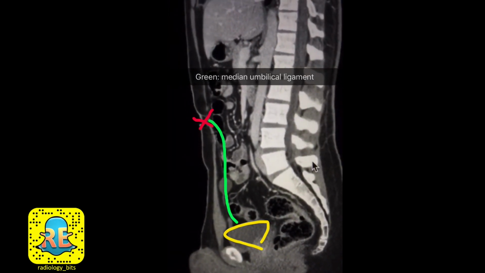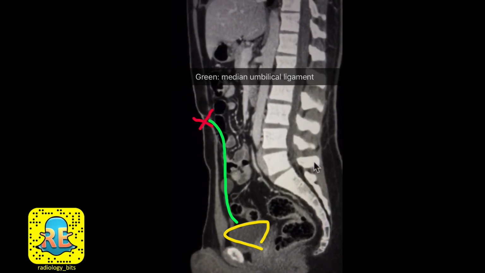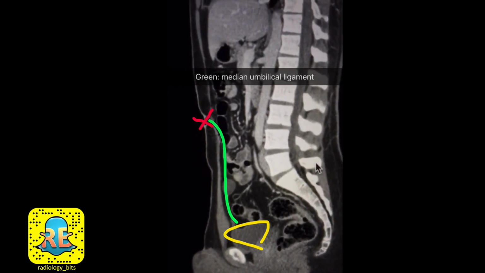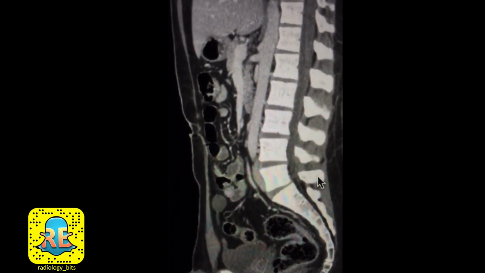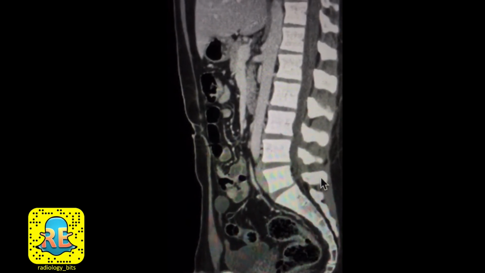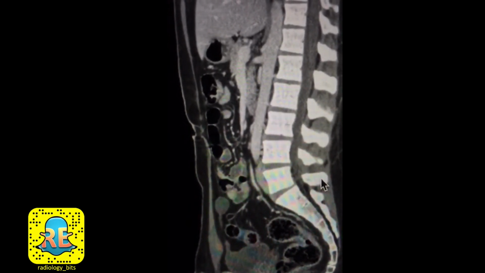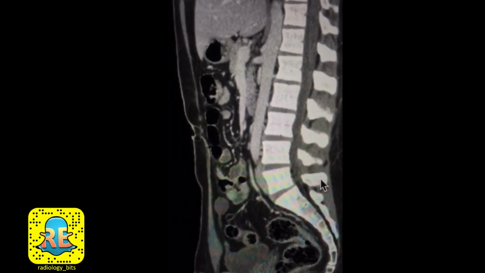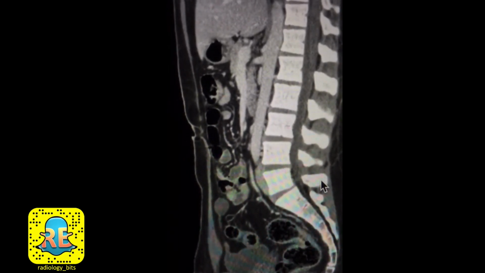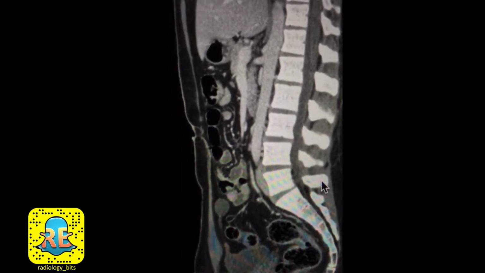The connection between the dome of the bladder and the umbilicus is known as the median umbilical ligament. The median umbilical ligament represents a fibrous remnant of what was there during the embryological development, something known as the urachus. So without going into many details, the urachus in utero was a connection between the dome of the bladder and the umbilicus.